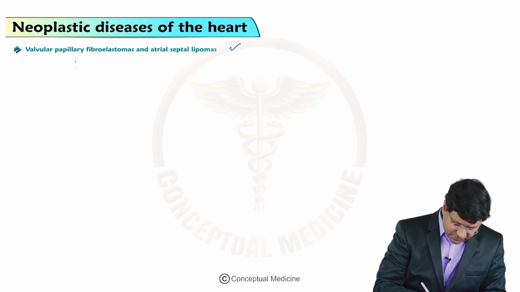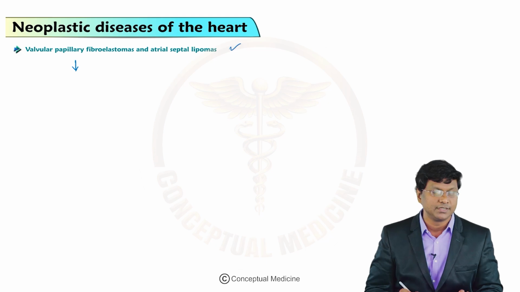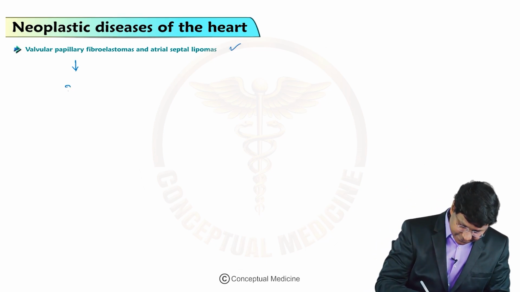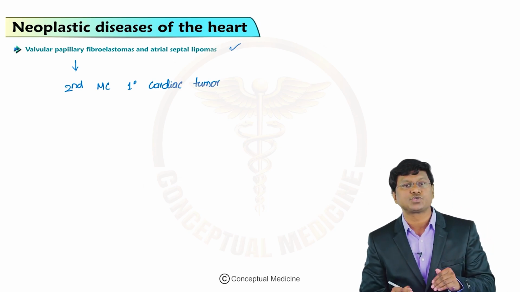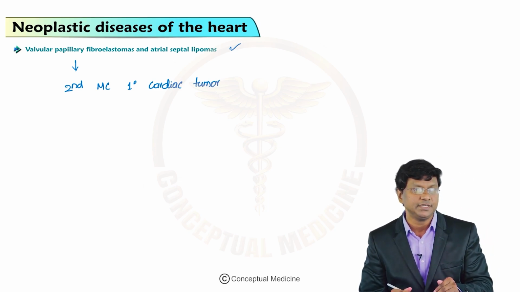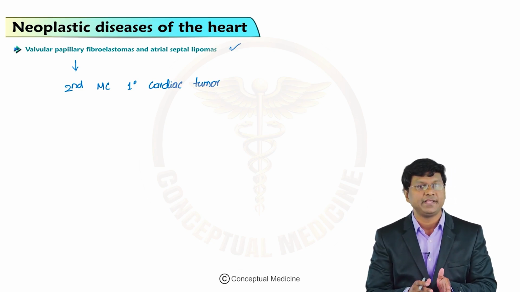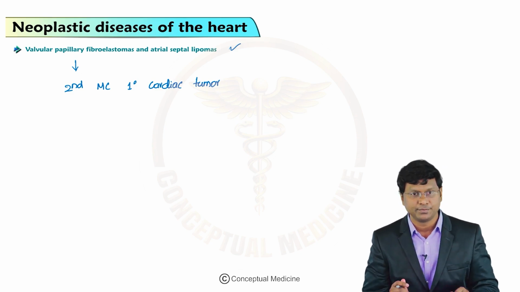The most common primary cardiac tumor is atrial myxoma, whereas the second most common primary cardiac tumors are valvular papillary fibroelastomas and atrial septal lipomas.